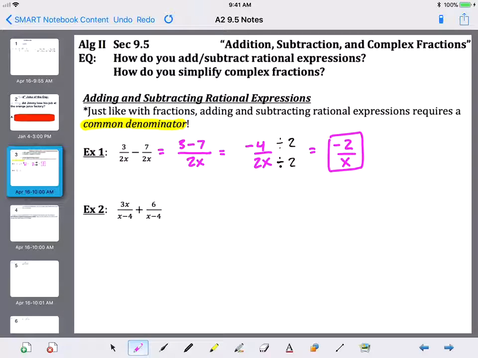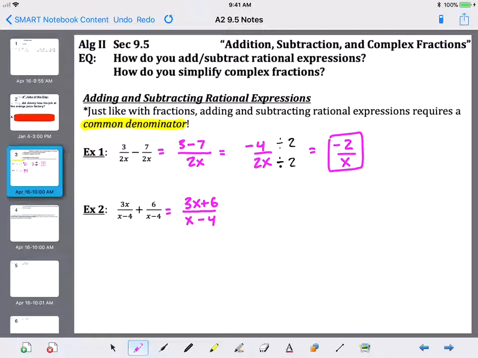All right. Again, this second example, look at your denominators. We've got x minus 4 and x minus 4. So since those are identical, we know our answer is going to have a denominator of x minus 4. Notice here we're adding, so we will add 3x plus 6.